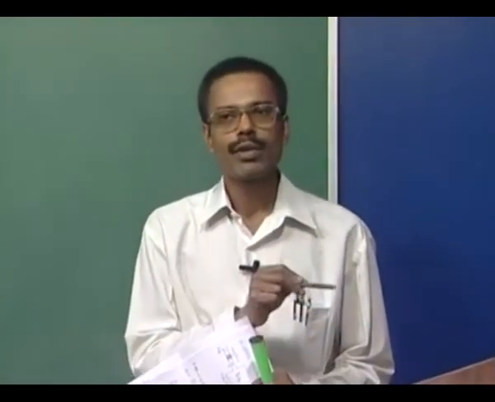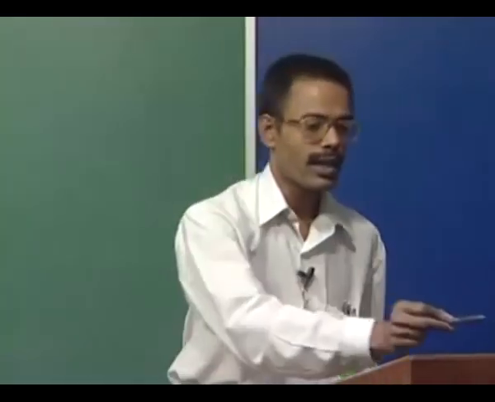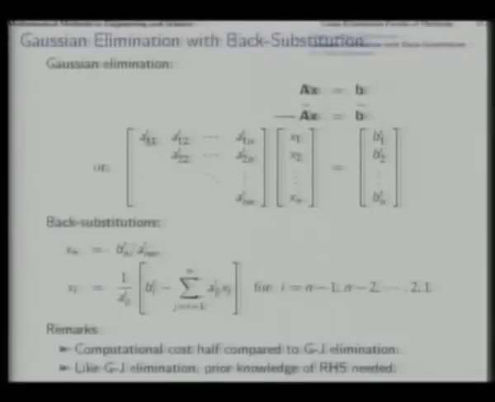On the other hand, if you want to solve it for a single right hand side like this, then you should prefer this method. But in both of these methods, prior knowledge of RHS is needed, prior knowledge of the vector b is needed, because the elementary row transformations which are applied to A are at the same time also applied to the right hand side.